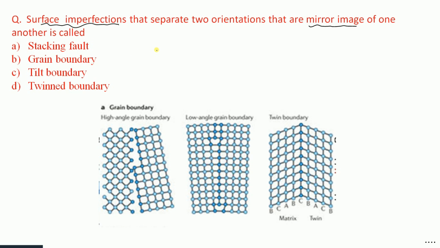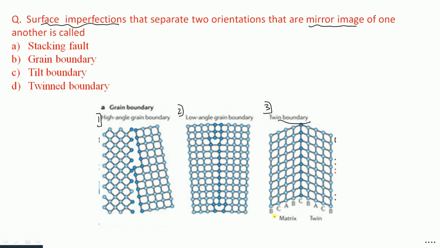When we see the grain boundary, here we have twin boundaries. In grain boundary, there are three subdivisions. First one is high angle grain boundary, second one is low angle grain boundary, and third one is twin boundary. So the answer is twin boundary, because in twin boundary the mirror image takes place.